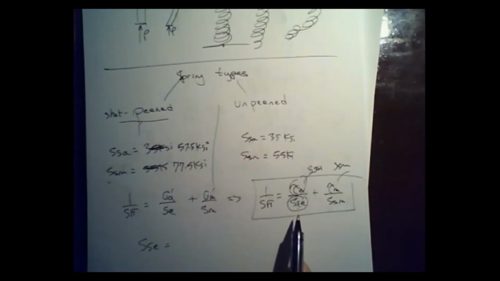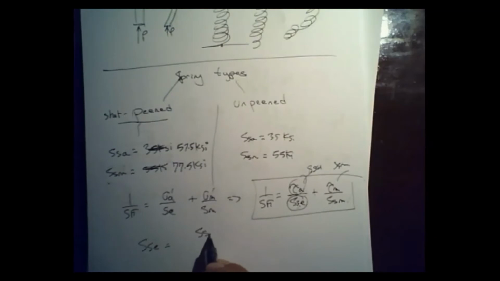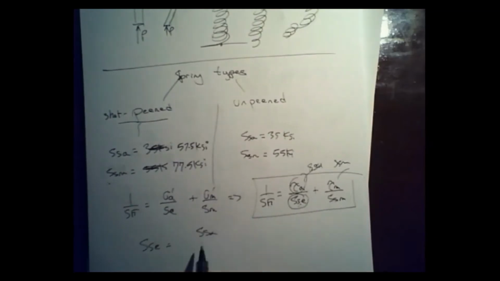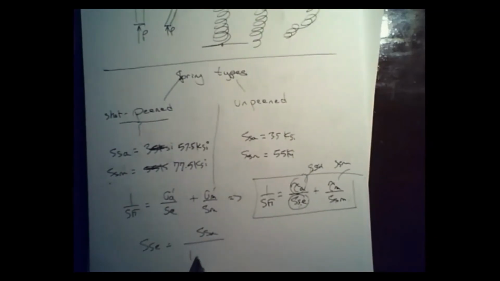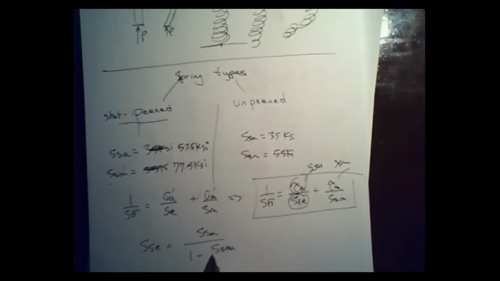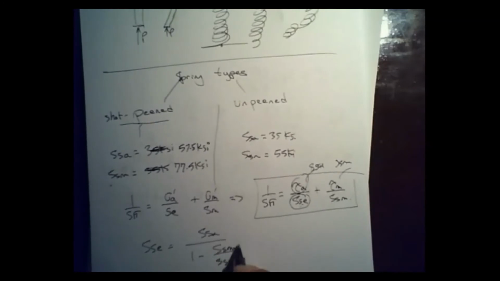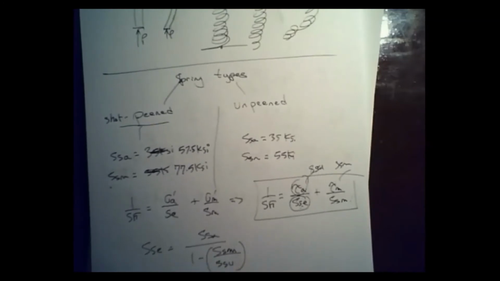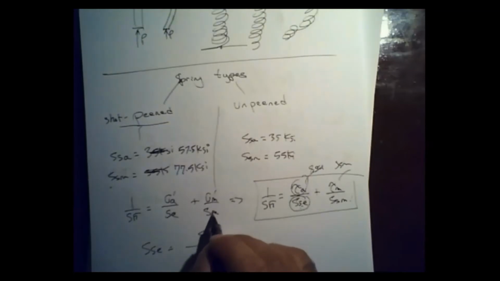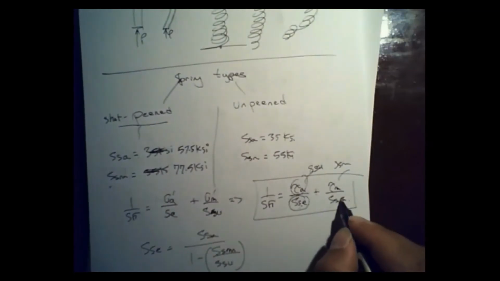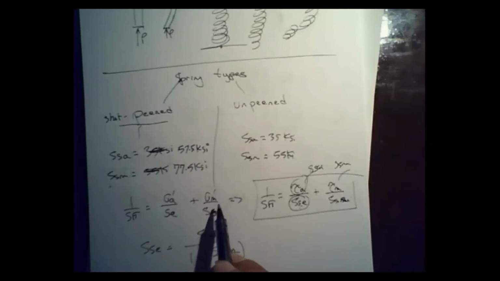From here, I can essentially solve for my endurance limit, and based on this equation, for a safety factor of 1, it's going to be equal to SSA divided by 1 minus SSM divided by SSU. By the way, guys, this is SSU. Sigma prime M will be divided by the ultimate.